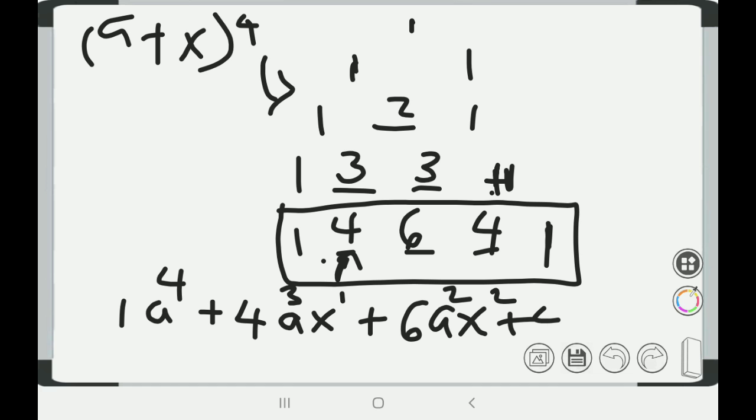Let me simplify here. So we have 4 a raised to 1, or let me leave it, and x raised to 3. Then plus the last one is 1, so I can say 1 x raised to 4.